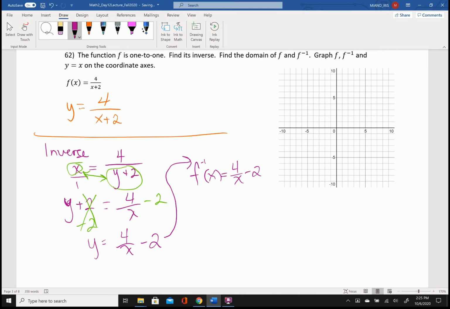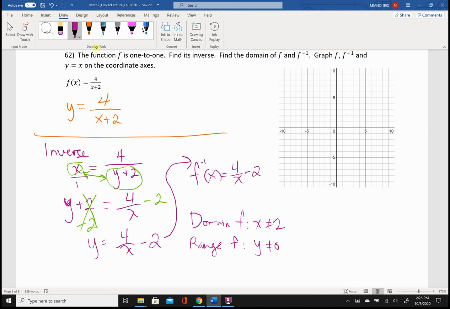Now, before we get too deep into the graphic, let's talk about the domain of f. It's going to be x cannot equal -2. The range of f is going to be that y cannot equal 0, if we recall from our reciprocal or rational function days.